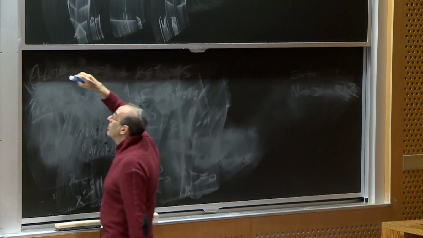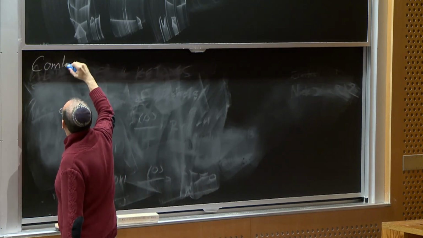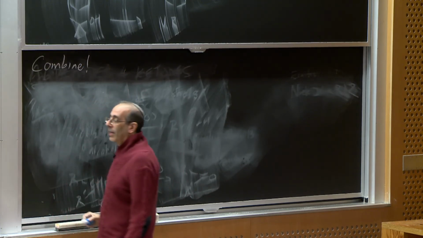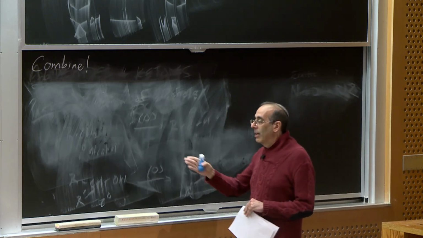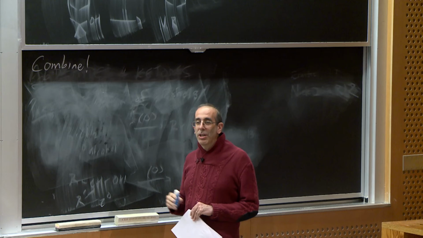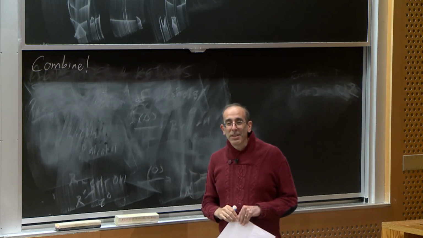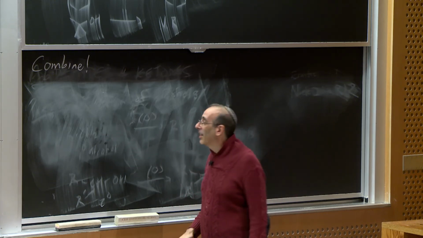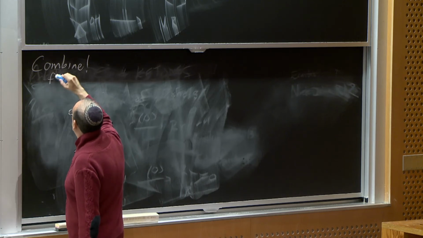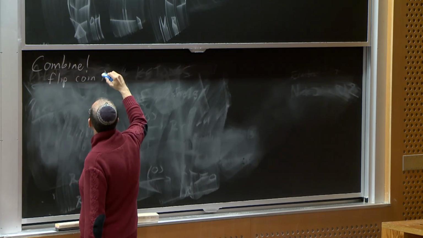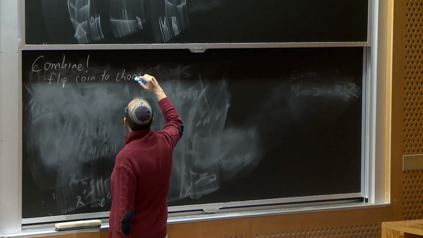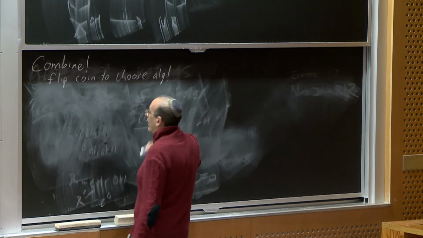So let's combine the two algorithms. Now, there are different ways you could imagine combining these algorithms, but I've been having fun with randomization, so I'm going to keep going with randomization. I'm going to flip a coin to choose my algorithm, and then I'll run it.